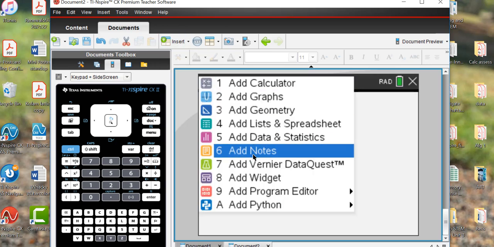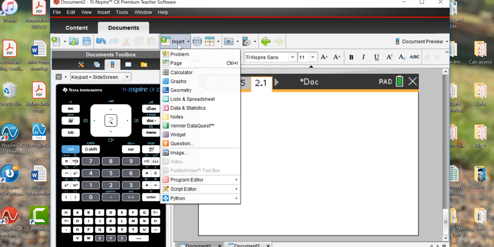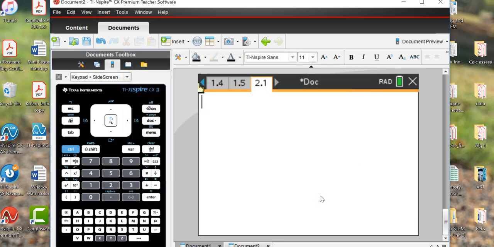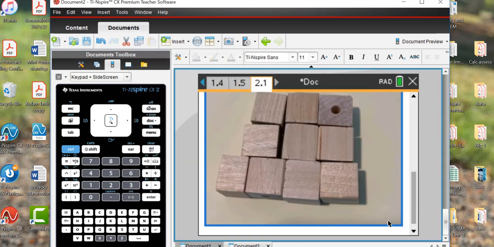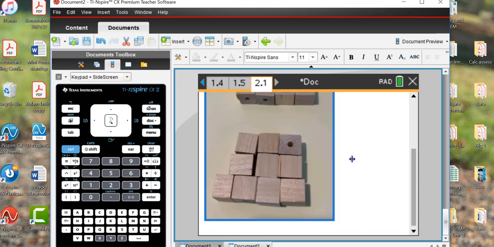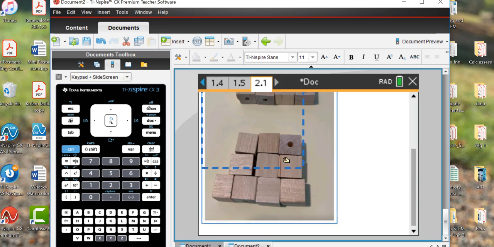All right, so I'm going to insert the other image, blocks. Okay, there it is. So let's see what this student did with the blocks.